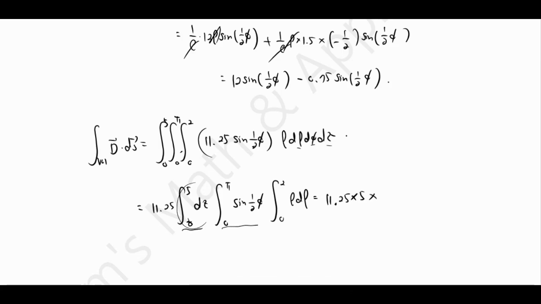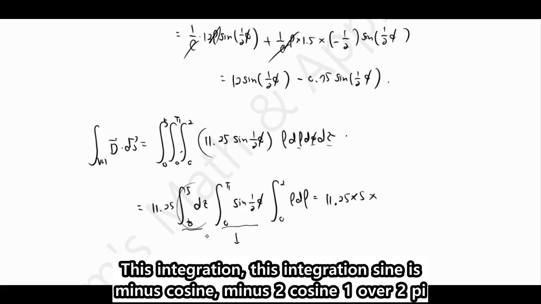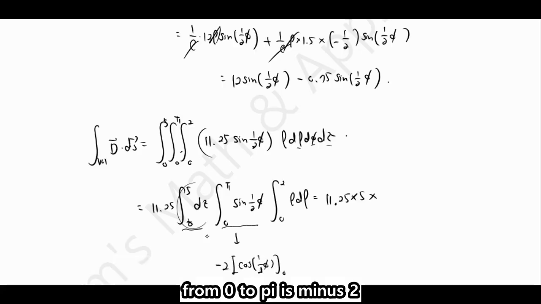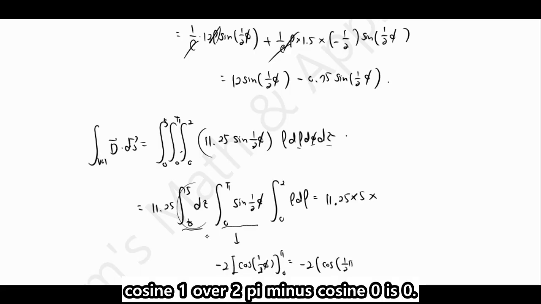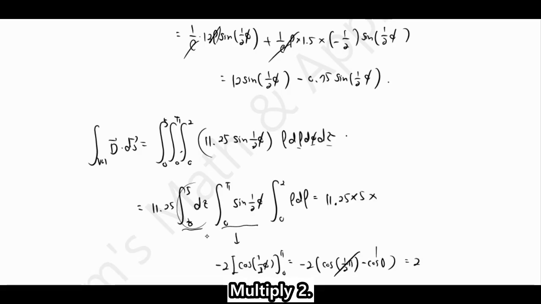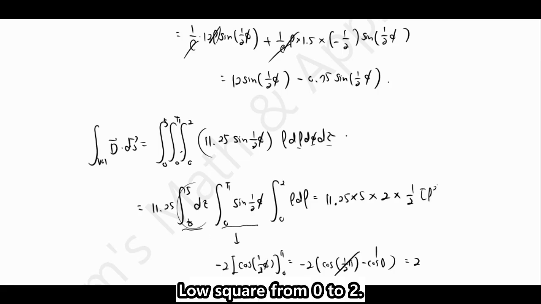The integral of sine is minus 2 cosine(1/2 phi) from 0 to pi, which is minus 2 times cosine(pi/2) minus cosine 0. This is 0, this is 1, so the result is 2. And the integral of rho d rho is 1/2 rho squared from 0 to 2, which is 2.